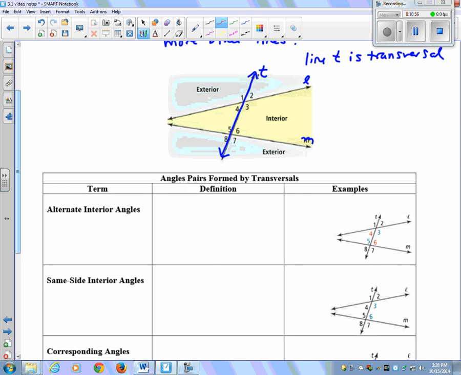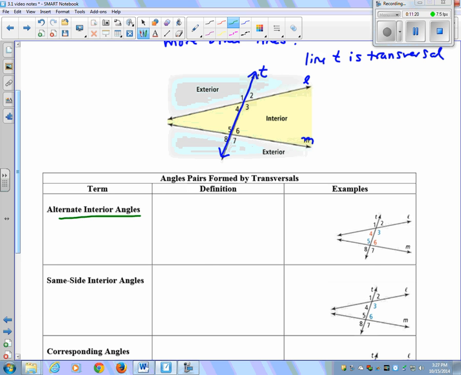There are 2 lines. Between the 2 lines you see here is yellow. That's the interior. Interior is like between the 2 lines. Exterior would be on the outside of the 2 lines, so all the points above and all the points below. So the first term here is alternate interior angles.